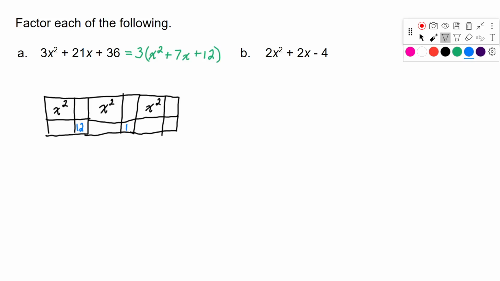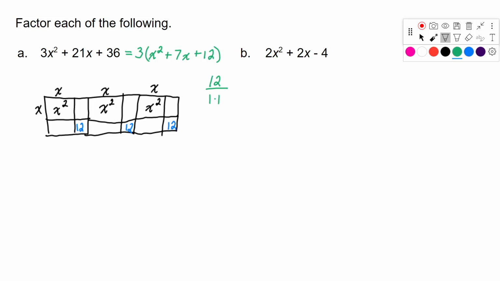Because as we learned from prior factoring, if we know A and we know C, we can use that to help us find B. So I know that to get the area of the x squared, that's taking x times x. Now for 12, I need to look at what are my factors of 12 that I can combine to get 7.